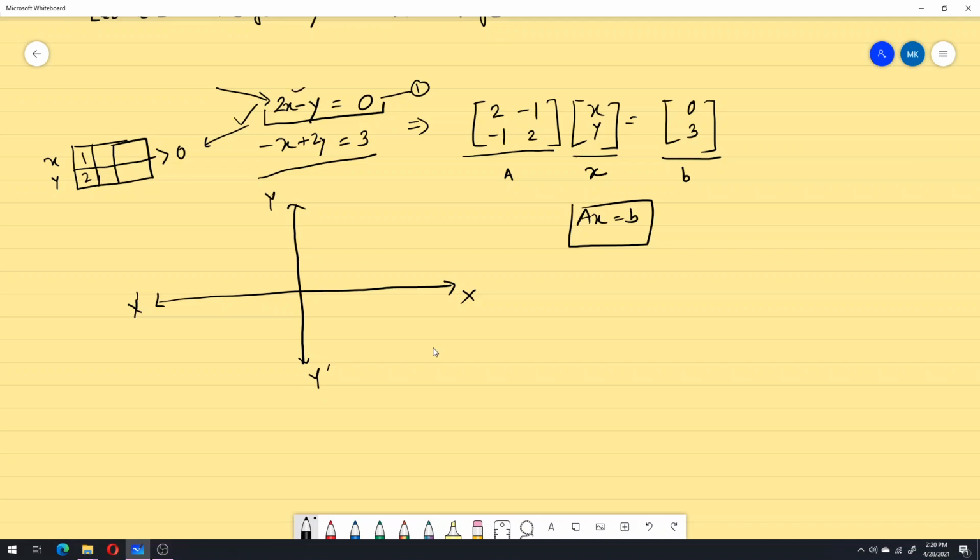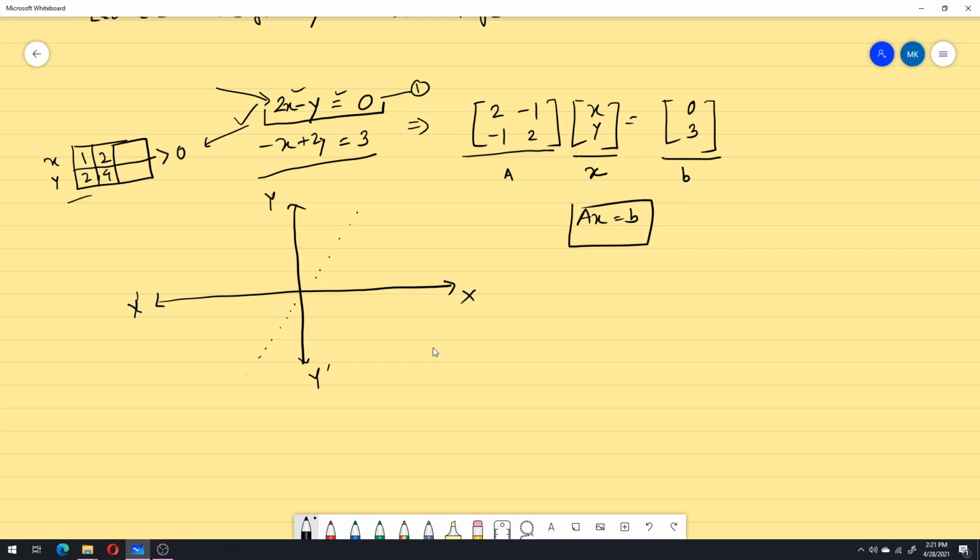Similarly, if x has the value 2 and y has the value 4, then you will get this equation as well. And taking all those points, or plotting all those points here, you will get the first equation, right? So if you plot all these points, I think you will get points like this. It might not be accurate, but it's just an idea. Then it will go through the origin.